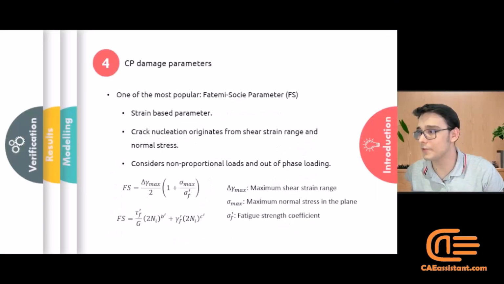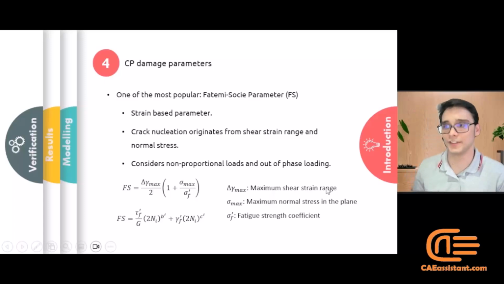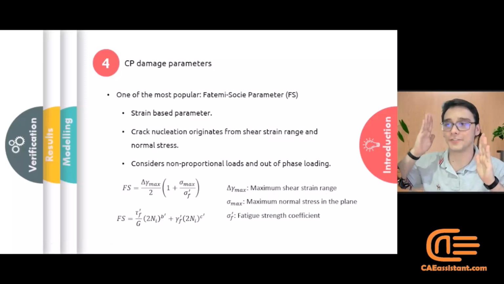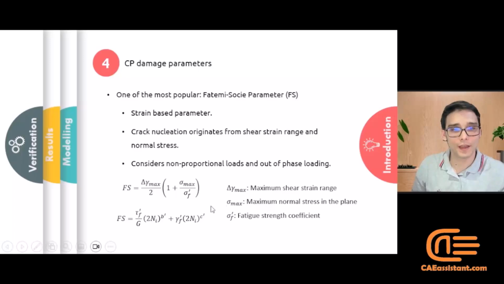The damage parameter depends on the maximum shear strain range, which the range is just the maximum value minus the minimum value, and it also depends on the maximum normal stress in the plane.